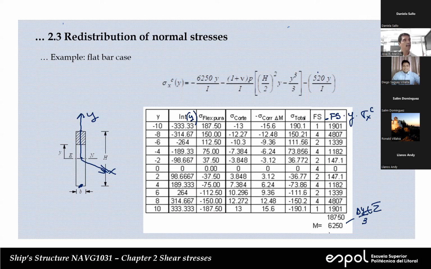And if we go back, what we can see here is that the bending moment at the section was exactly the same value. Well, it's very close, right? So we have this value. So this is the bending moment.